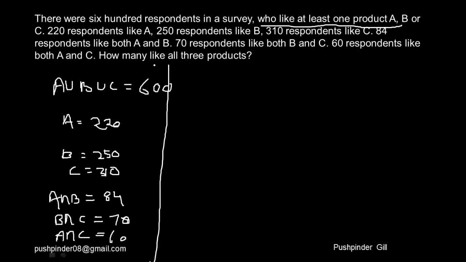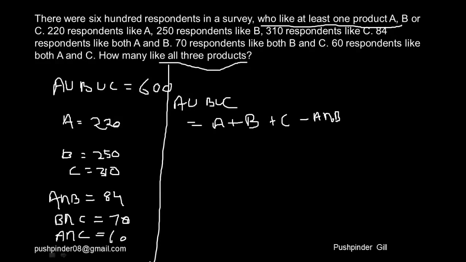Now what is he asking us? He's asking us the value of the main guy, A intersection B intersection C. Now if you remember this expression from the previous part of the video, you would be able to solve this question pretty easily, right? So if you remember this expression, this is the expression of at least one.